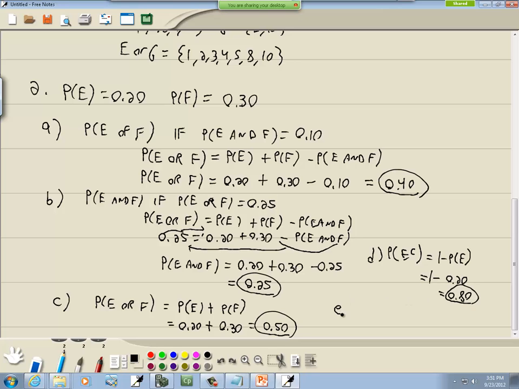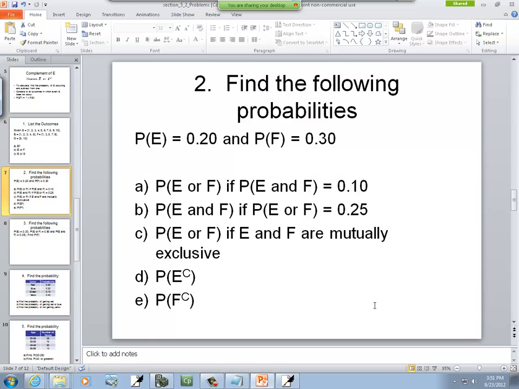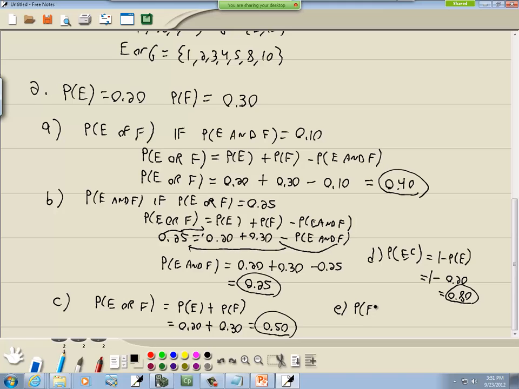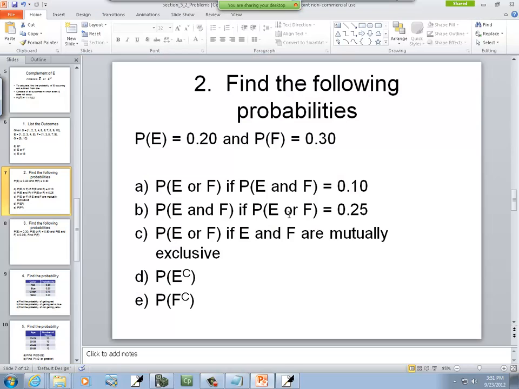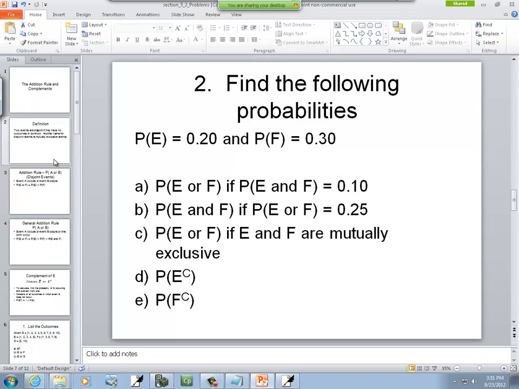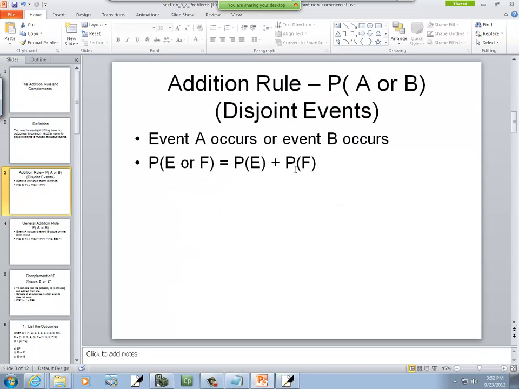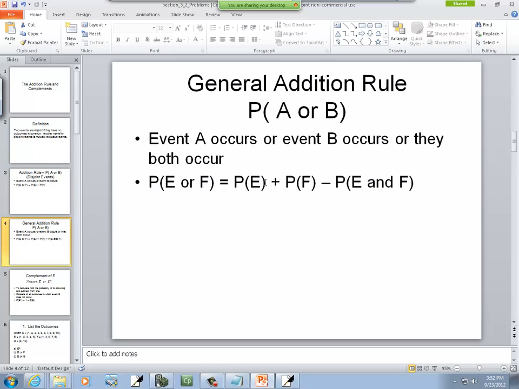And last one, probability of the complement of F. That's equal to 1 minus probability of F, which is 1 minus 0.30, which gives us 0.70. And those would be your answers. So on that problem, all we're doing is using these formulas up here and plugging in whatever value they gave us.